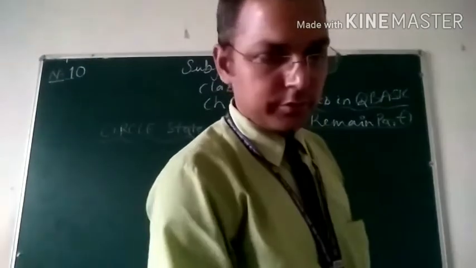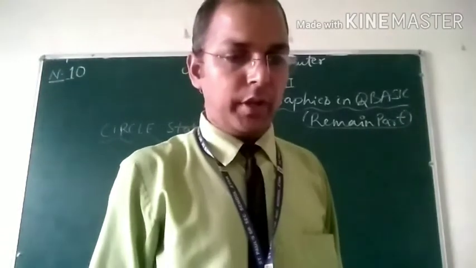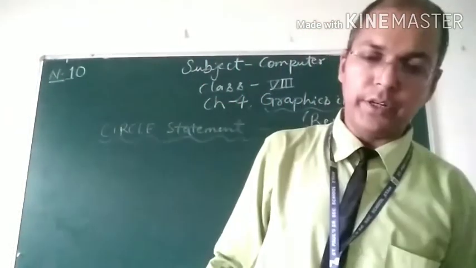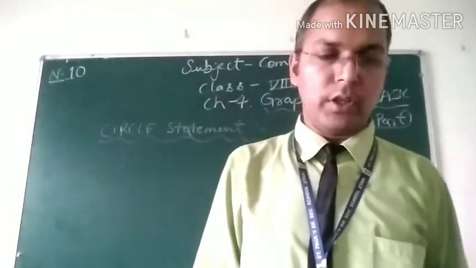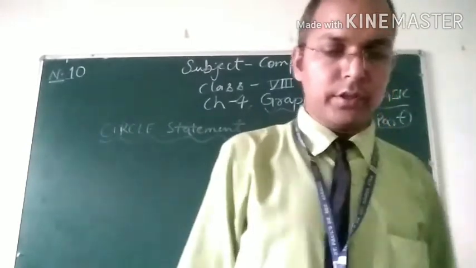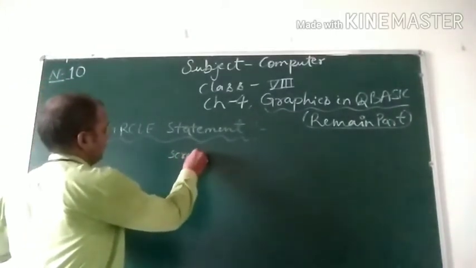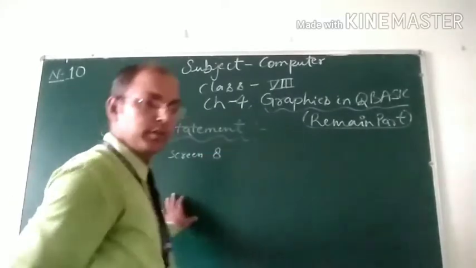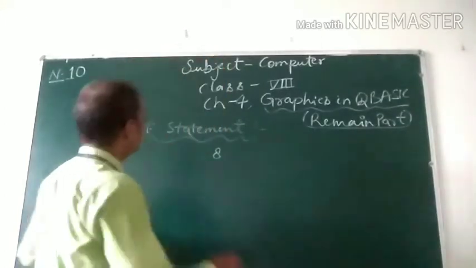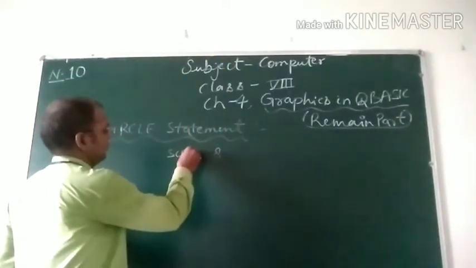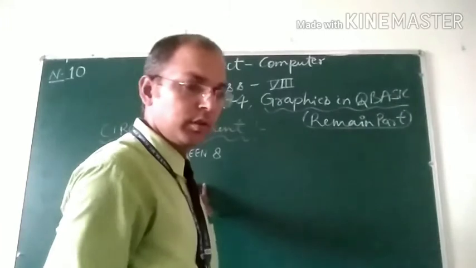The syntax of the circle statement is CIRCLE x, y, r, color, mode, where x and y are coordinates that specify the center location of the circle on the screen, r is the radius, and then the color and mode. For example, SCREEN 8, CIRCLE.